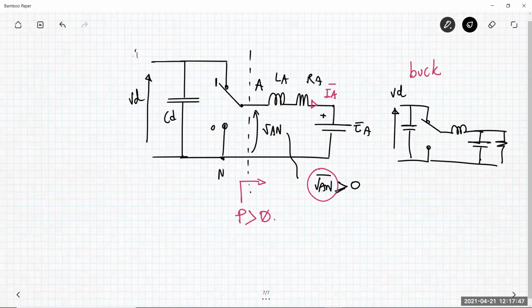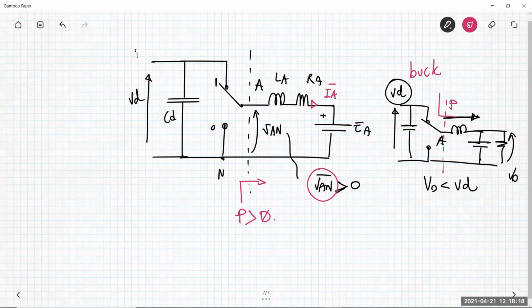The power flow is in this direction. You have a current flowing from the node A to the load. So the power flow is in this direction because you are, say, converting an input voltage VD into an output voltage that has a value which is less than VD. Okay, and the power flow exactly has this direction.